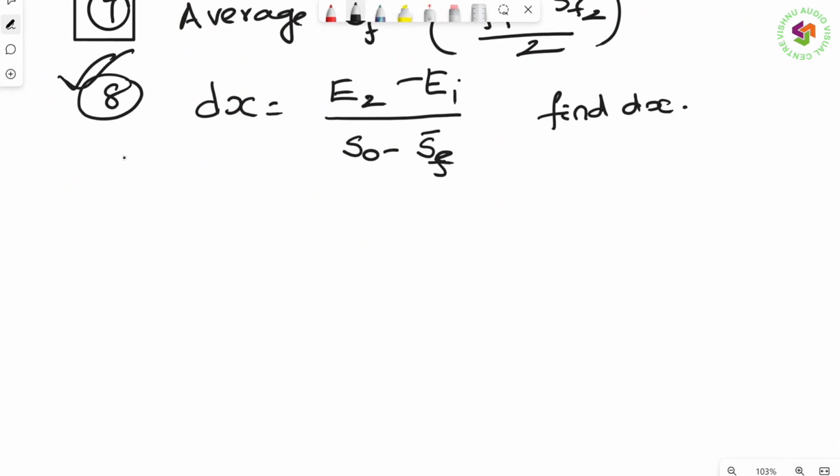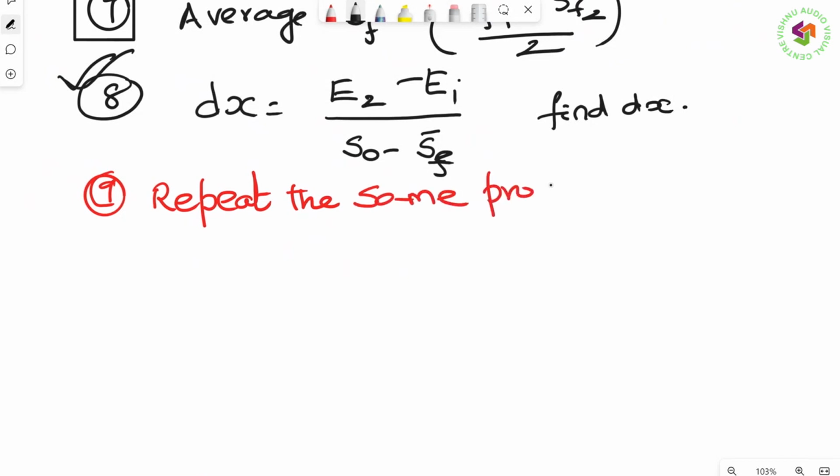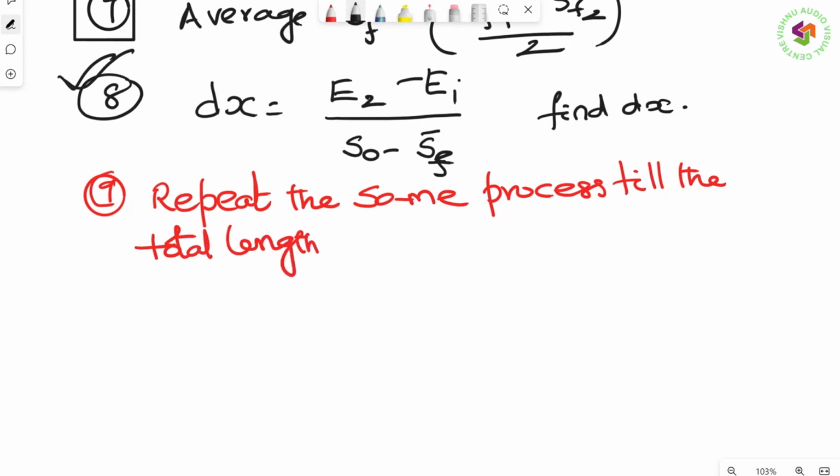Then after that, repeat the same process till the total length is covered.